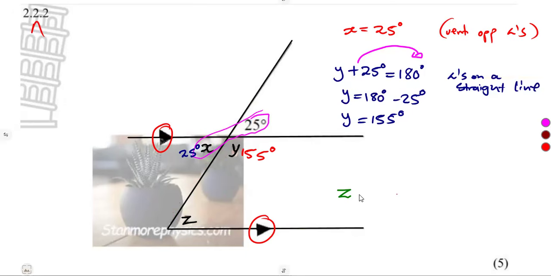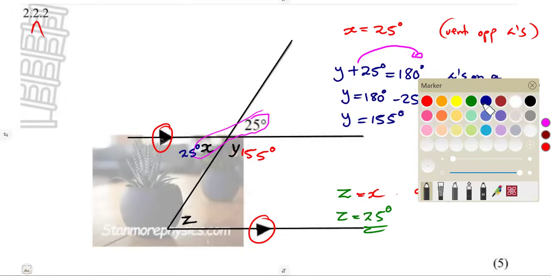So z is equal to angle x, alternate angles. So meaning to say z is equal to our angle x, which is 25 degrees. We are talking of alternate angles.